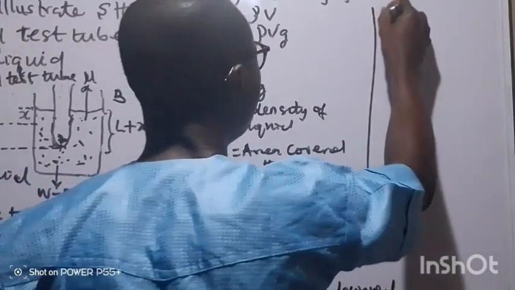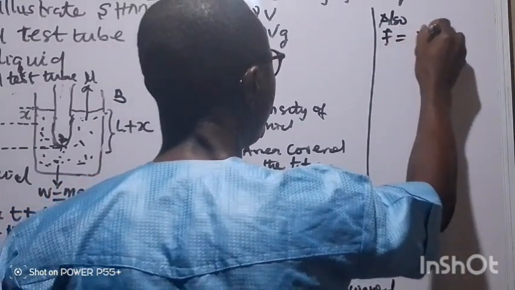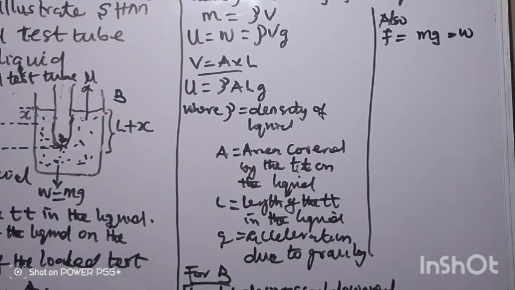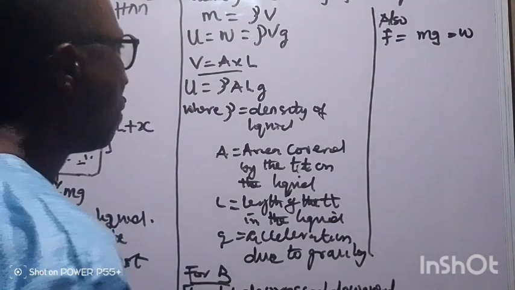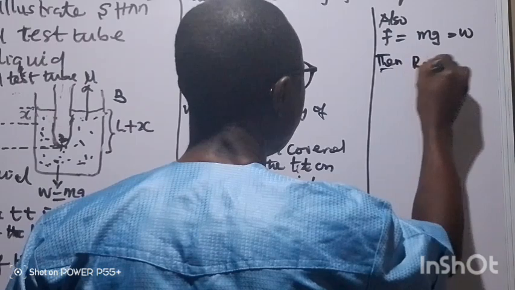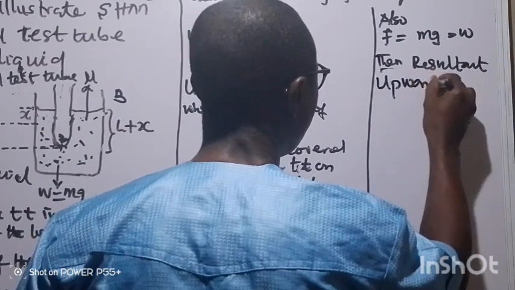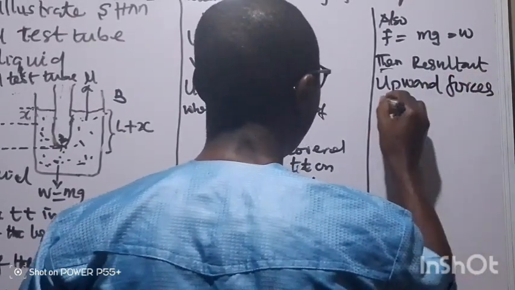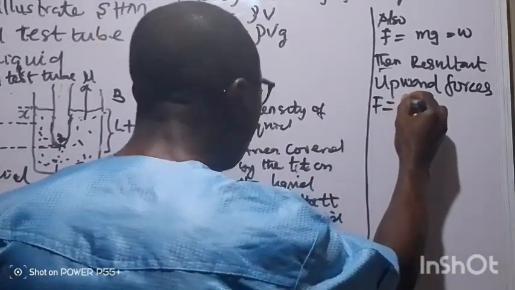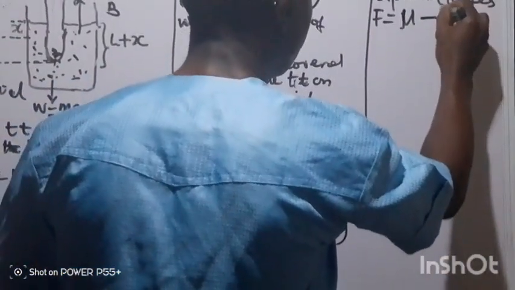So the force acting downward, F, is equal to mg, which is equal to W. Now, from there, we can say that the resultant upward force F will be equal to U, that is the new upthrust, minus F.